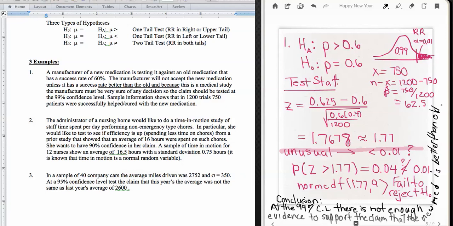Now, I kind of got sloppy on that because it's really hard to write sideways like that on my tablet. So that is exactly what the conclusion would be.